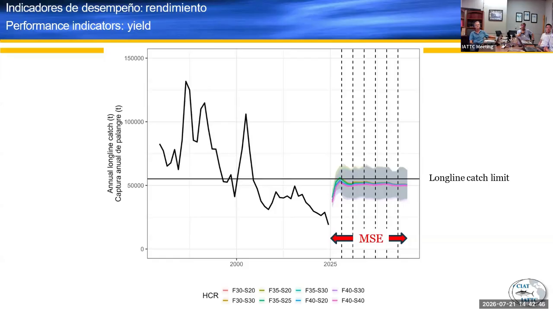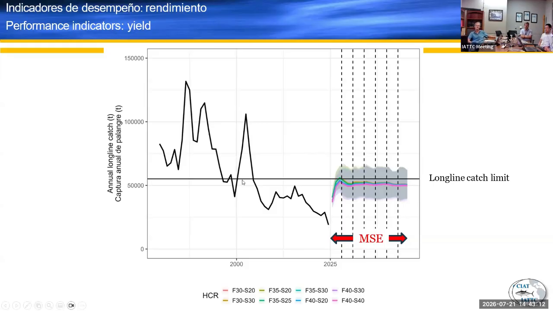Due to technical issues, we didn't constrain the longline catch at its limit. And so basically the assumption was that the fishing effort in the longline fishery basically increased at the same rate as the fishing effort in the purse seine fishery did.